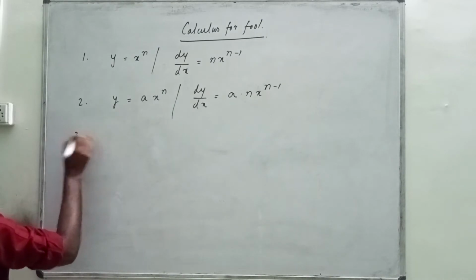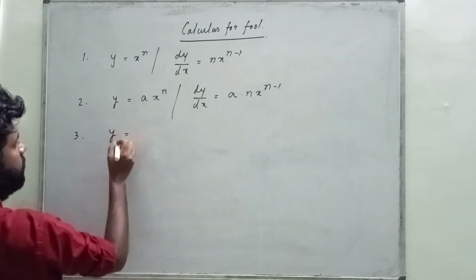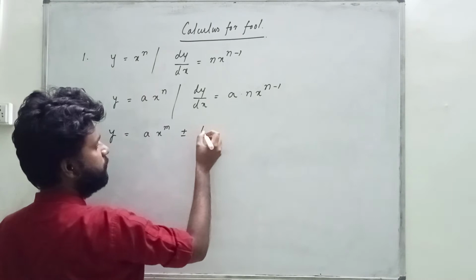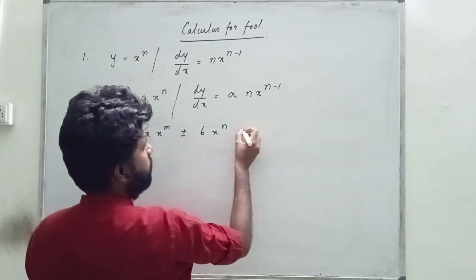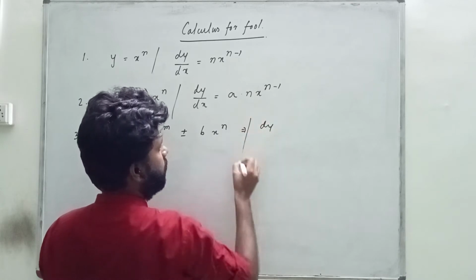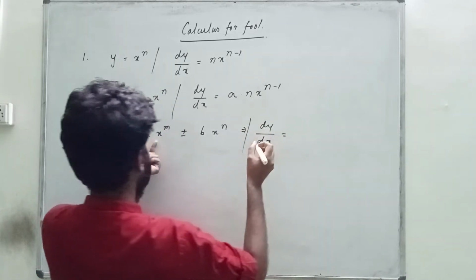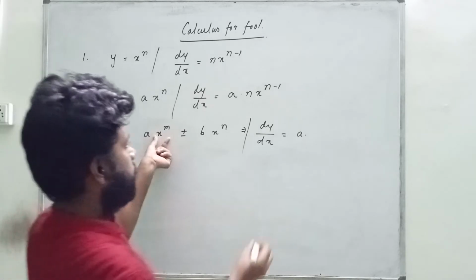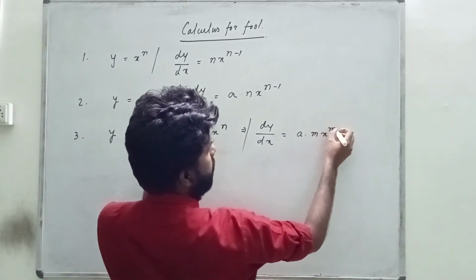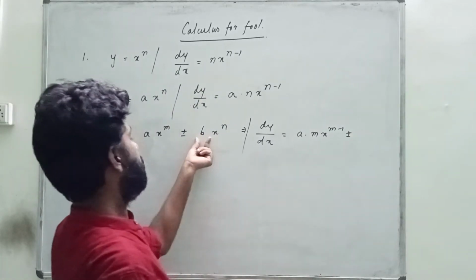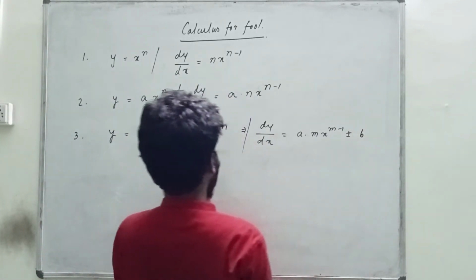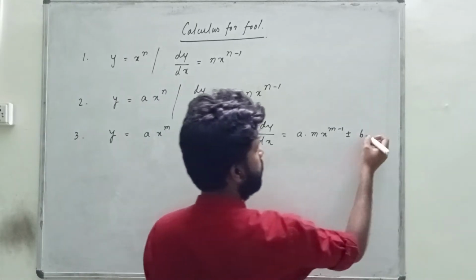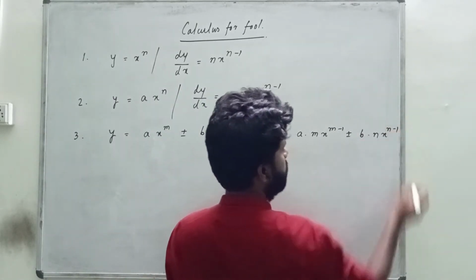And the third was if y equals some a x power n plus minus some constant b x power n, then our dy dx goes to constant remain constant and the dy dx of x power n equals nx power n minus 1 plus minus b remains constant here and the x power n and then dy dx of x power n equals nx power n minus 1.